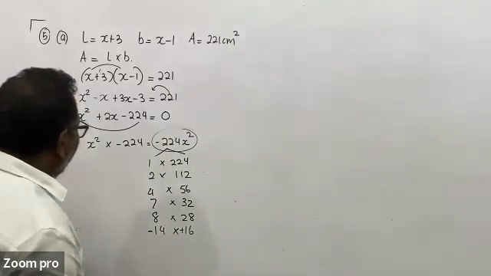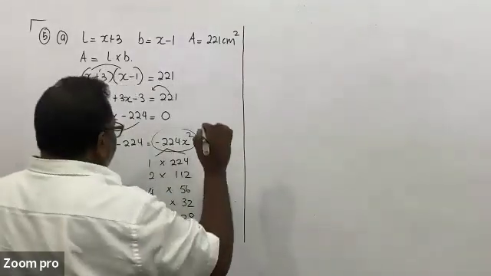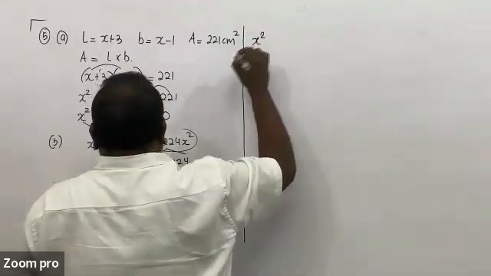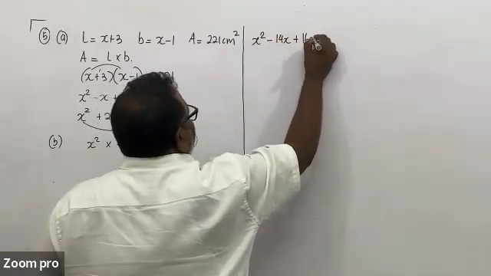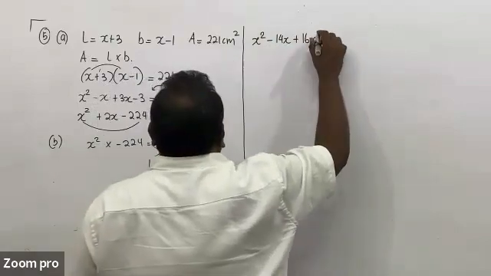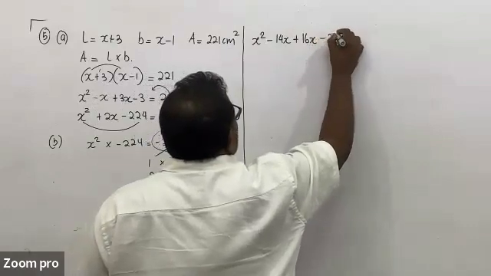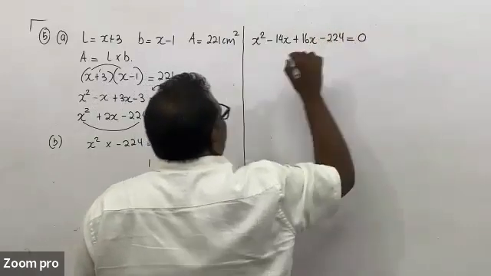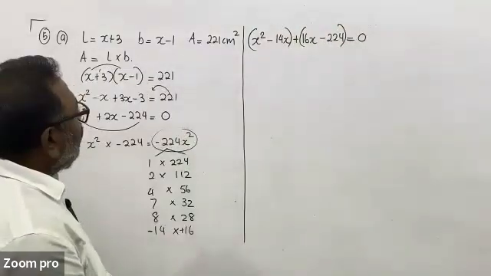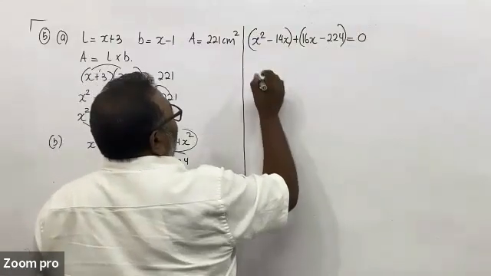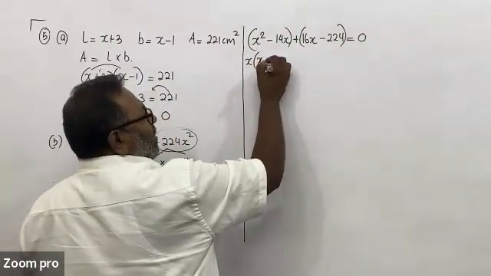Right? So rewrite this now. So therefore, we'll rewrite x squared minus 14x plus 16x minus 224 is equal to 0. Factorize the first two and the last two. Okay. x squared and 14x, common factor x. x squared divided by x is x.